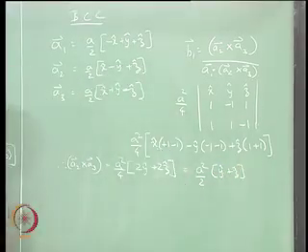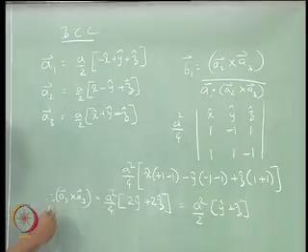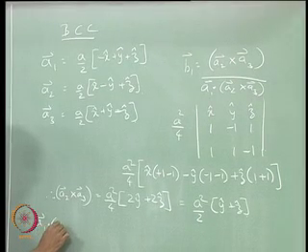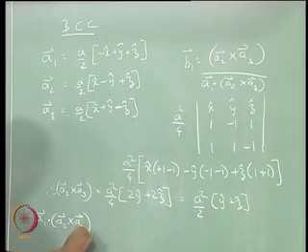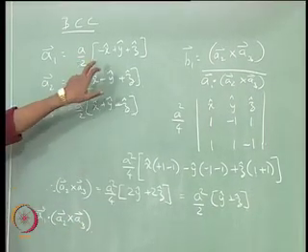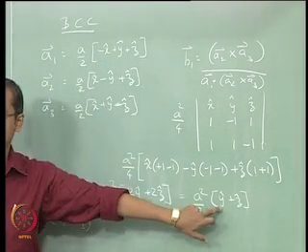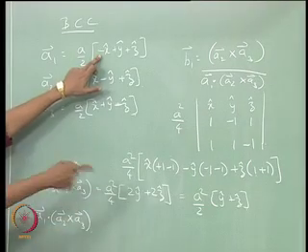That is the cross product a2 cross a3, and the denominator is a1 dot a2 cross a3. So that is simply the dot product of this a1 that we have here and this a2 cross a3 that we have already seen here. There is an x component here, there is no x component there, so that goes away.